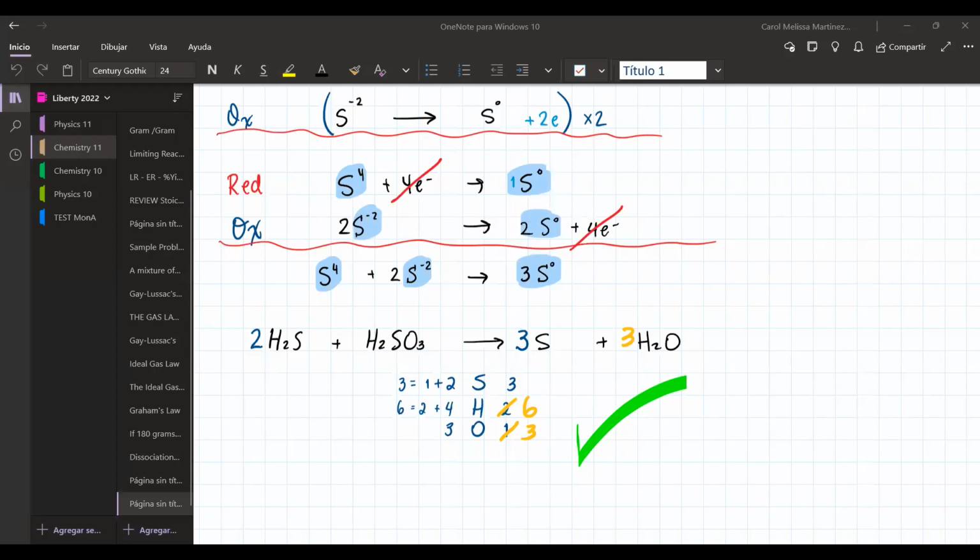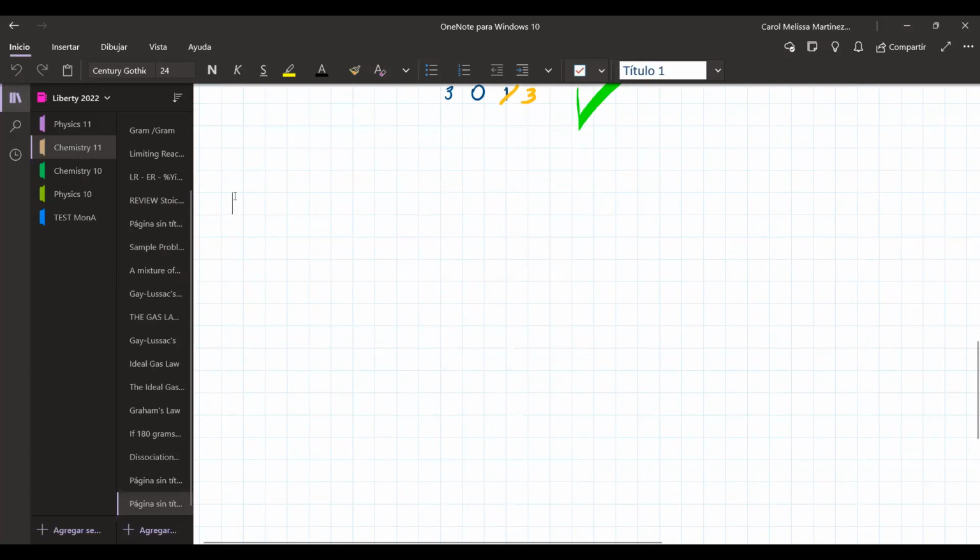Okay, wait. I'm going to copy the exercise 6 better, and the 7. 6 and 7.